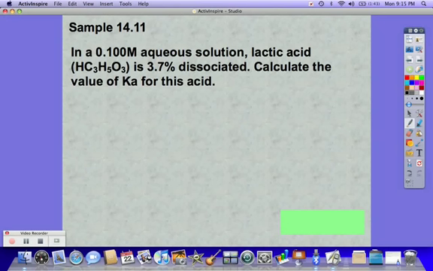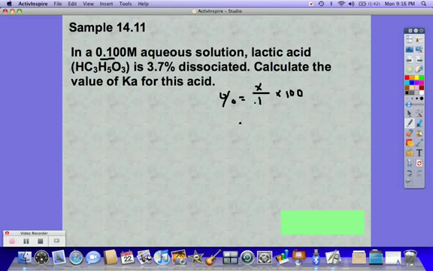Alright, on this one, they gave us the percent dissociation, which is going to change the problem slightly. And we're going to look for the Ka value. So notice the difference. They gave us the percent, we're looking for Ka, so we don't know what the Ka is. So you should know your percent dissociation equation. Percent is equal to x over initial, which in this case is 0.1, times 100.